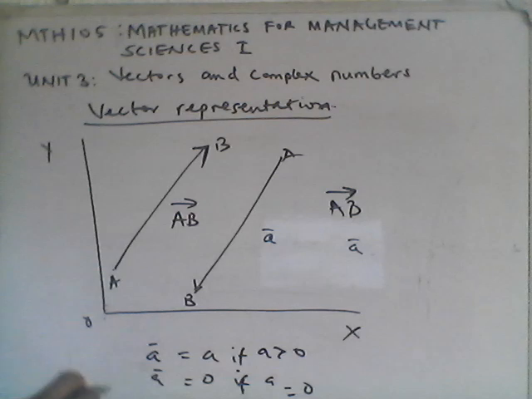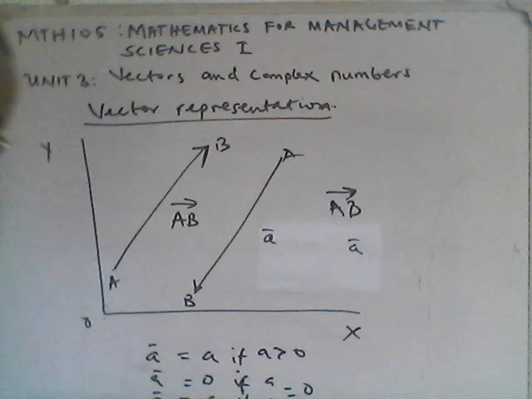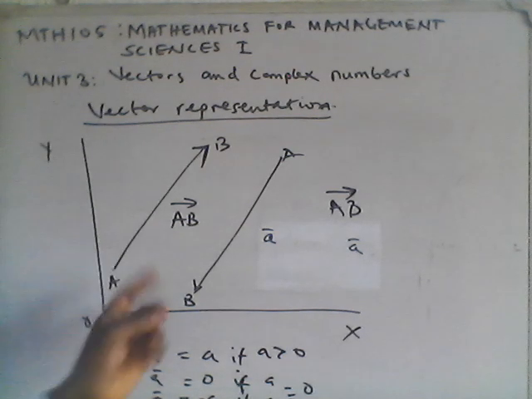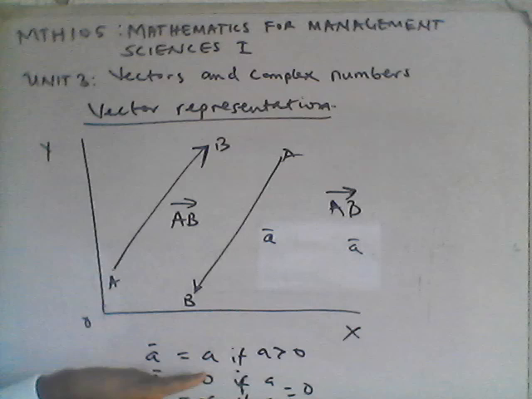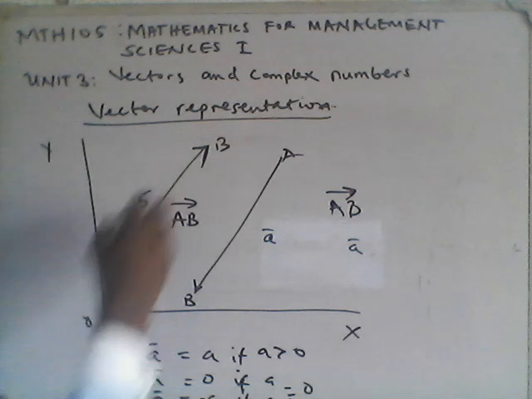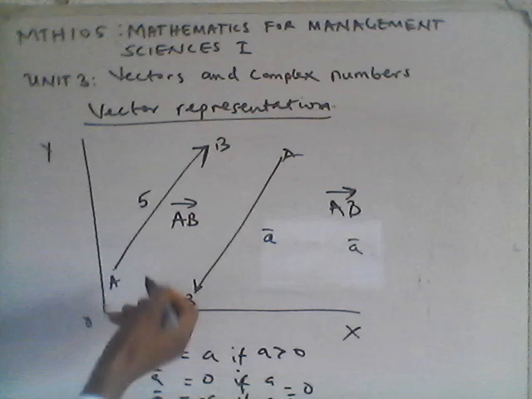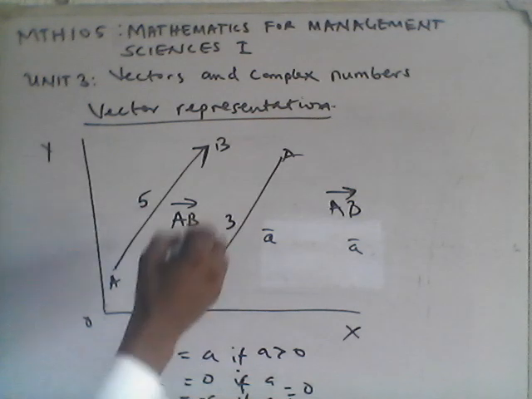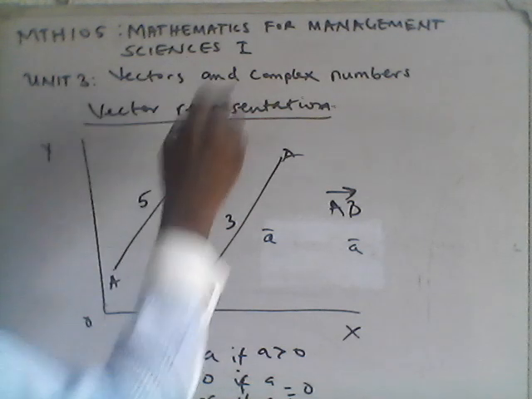It's also proven that vector a is equal to minus a if a is less than 0. The thing is that a vector has a magnitude in it, which is this number here. So I can try to represent this one as 5, and this one as 3 if it's different. This one is going up, this one is coming down.